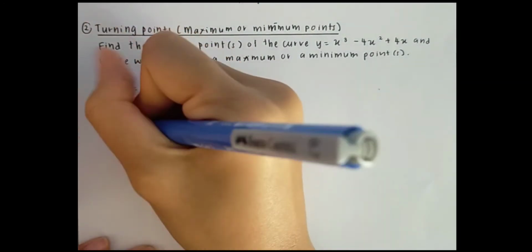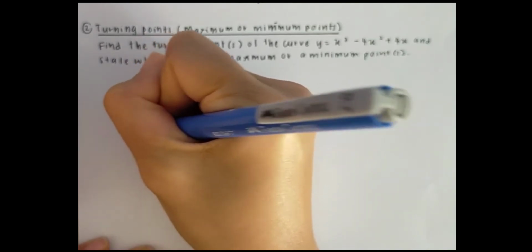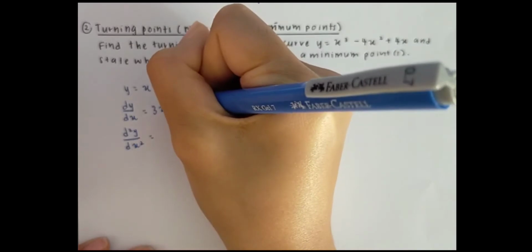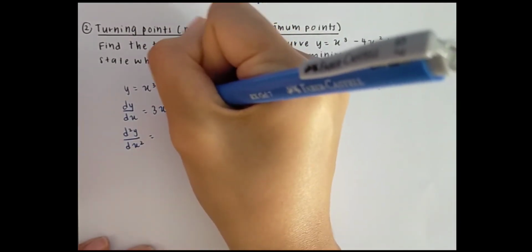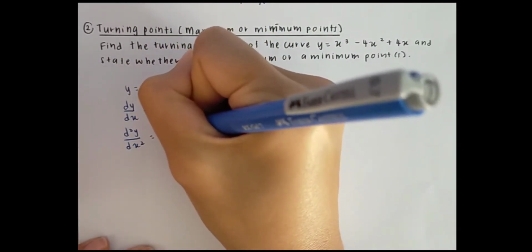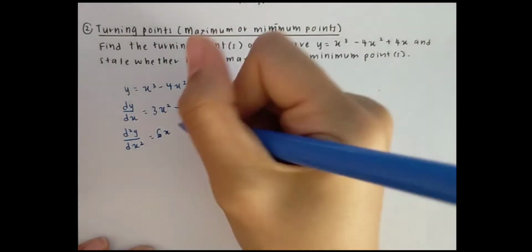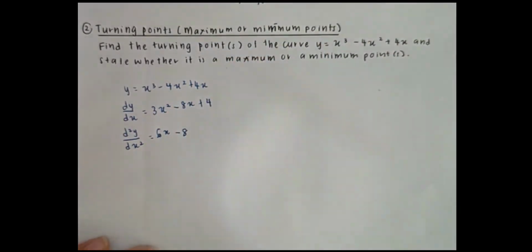The second derivative is d squared y over dx squared equals, derive the first derivative, which is 6x minus 8.